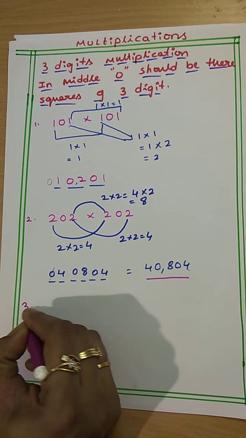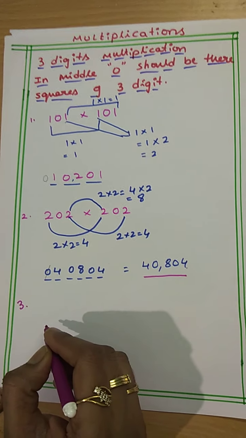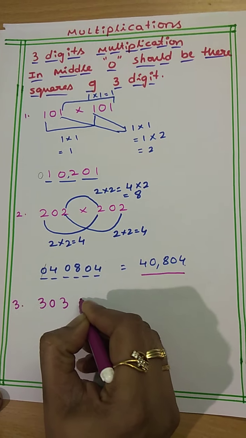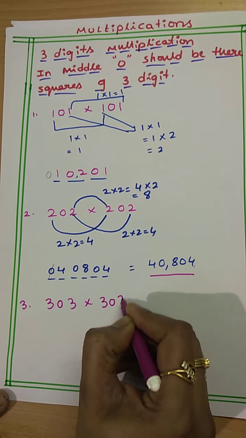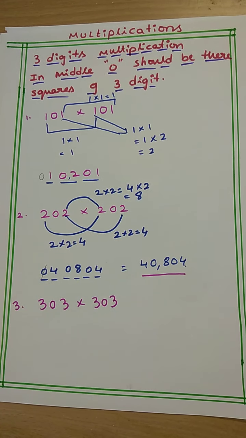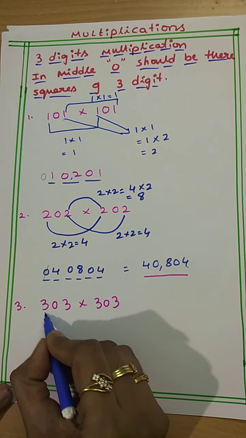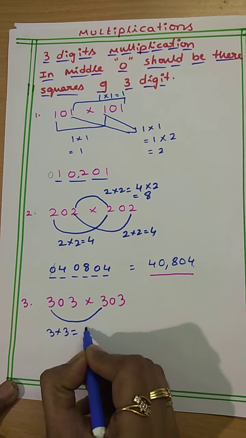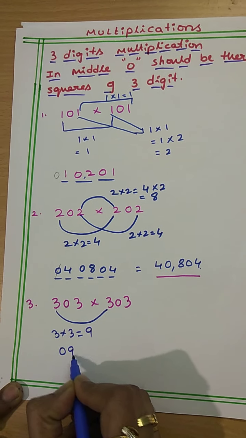Third problem. We will take 303 into 303. For this, the solution is 3 into 3 is 9, so write 09.